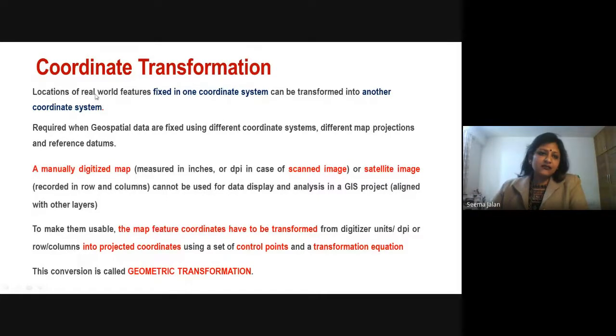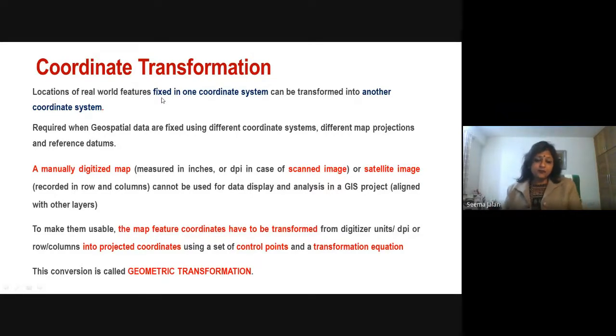It may be that you have the location of real world features but you do not have their coordinates, and even if you have, maybe they are in one particular coordinate system and you actually want them to be in some other coordinate system. You have your own data in one projection and you have acquired data from some other department which is in another projection.